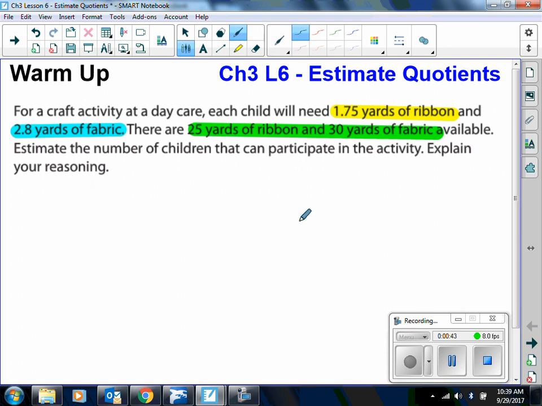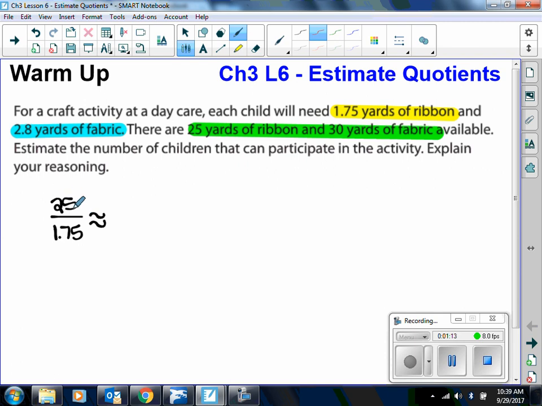So here, let's see. We want to know how many kids are going to be able to get some ribbon, right? So we want to take the 25 yards of ribbon and divide that by 1.75, but we're going to estimate. Does everybody understand that this fraction bar means divide?